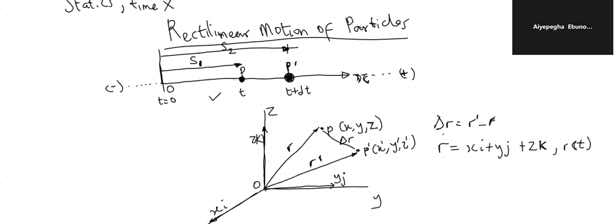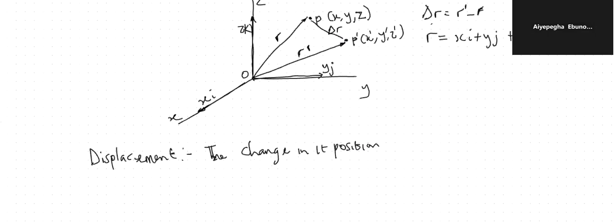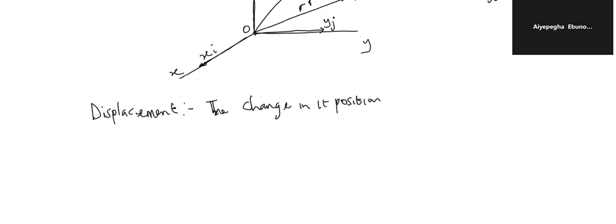So the change, final minus initial, that is the displacement. So I'm going to take it down again under displacement: final minus initial, that's delta S equals S2 minus S1.